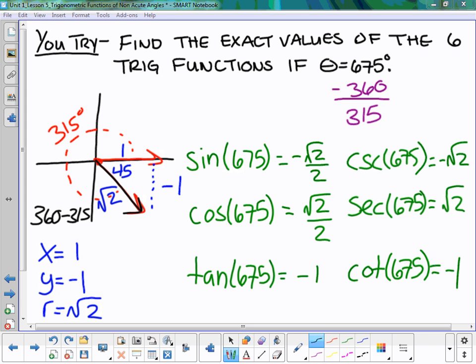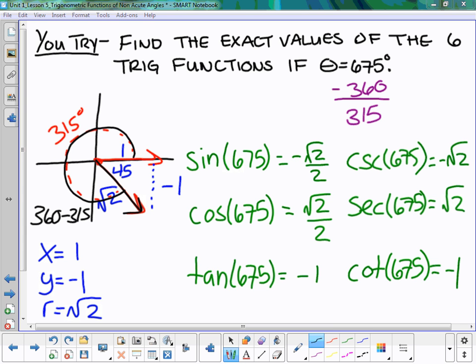And I can just use those values to plug into my ratios. Anybody have questions about what I did? So, did you get to 315? Once I get to 315, I know 315 is in quadrant 4. If I go around here, 90 degrees, 180, 270, 360.